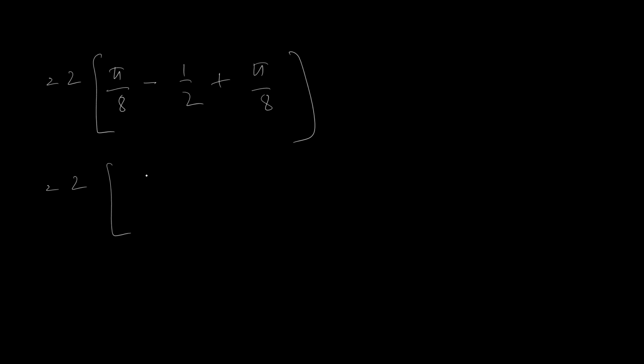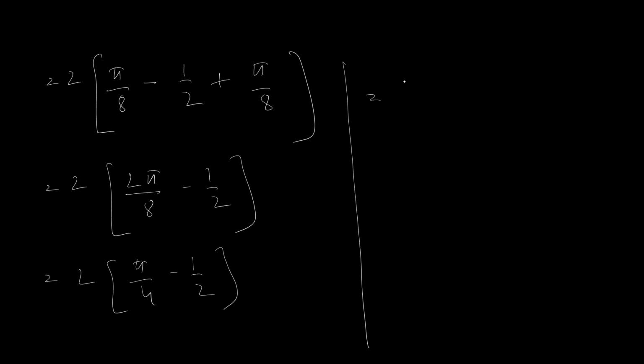So this is 2 pi by 8 plus pi by 8, it will be 2 pi by 8 minus 1 by 2. So this will be 2 pi by 4 minus 1 by 2. Multiply this 2 here, so I will get 2 pi by 4 minus 2 by 2. So ultimately this will be pi by 2 minus 1. So this will be the answer.